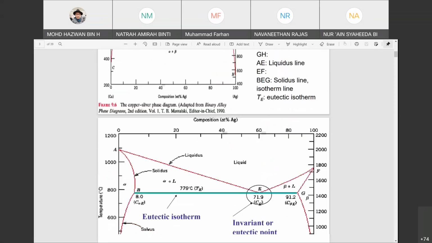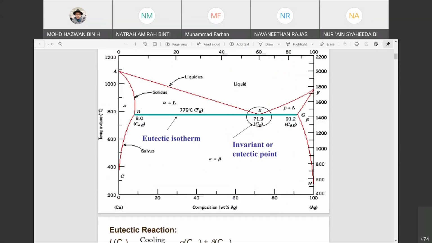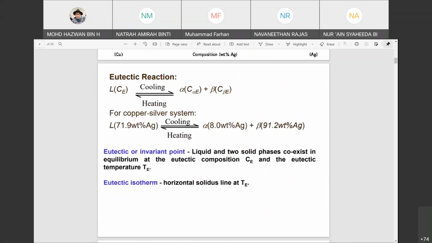Right. I've explained all these terms on the invariant point in the last lecture. We have also seen the key reaction for eutectic.